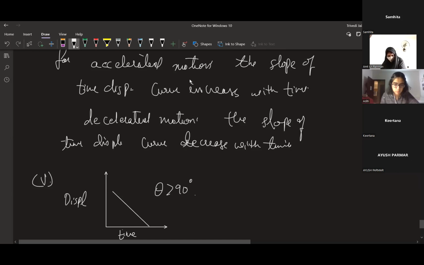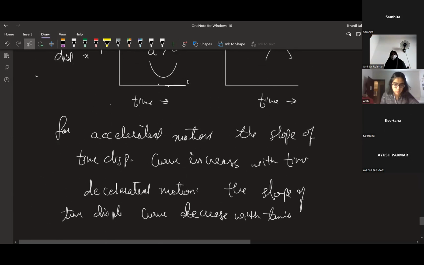We can see this. Exactly 90 degrees means it will be a right angle. It's not a right angle. So clear all these 5 graphs.